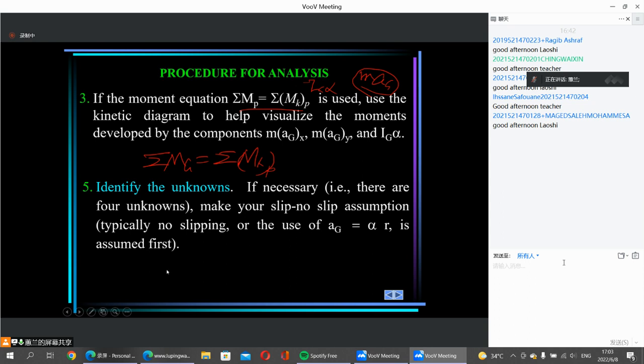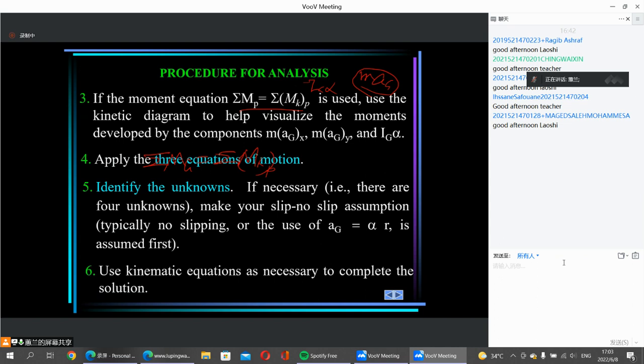If we have three equations and three unknowns, they will have unique solutions. So sometimes, just like if we have friction forces, we need to make assumptions, and then we need to supplement the equations with the relation for the friction force.